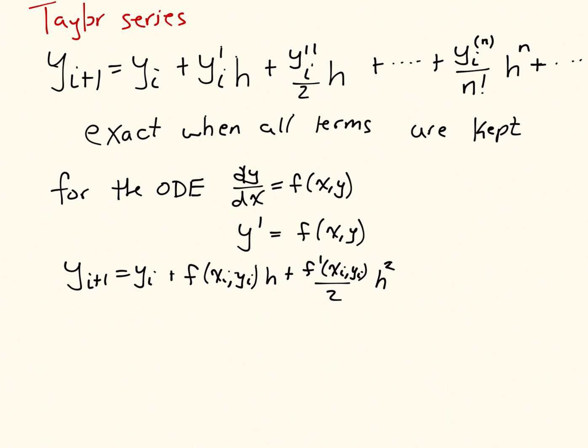I just noticed I left off a square when I was writing down the Taylor series, so I just added a square in. Let me do that in red so you can see where I added that in.